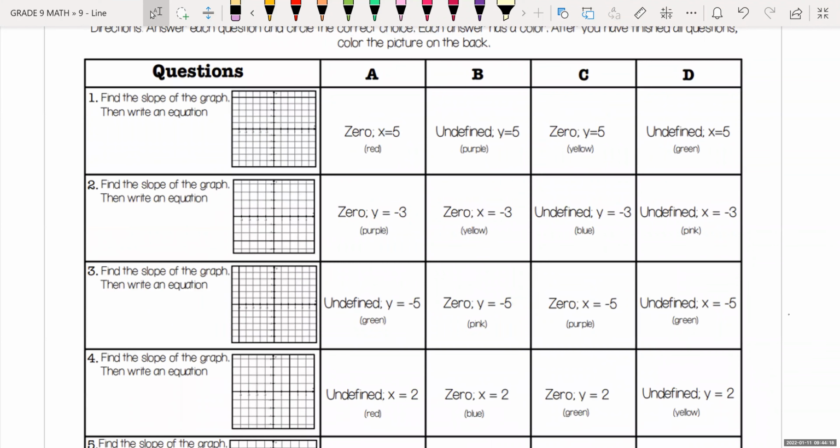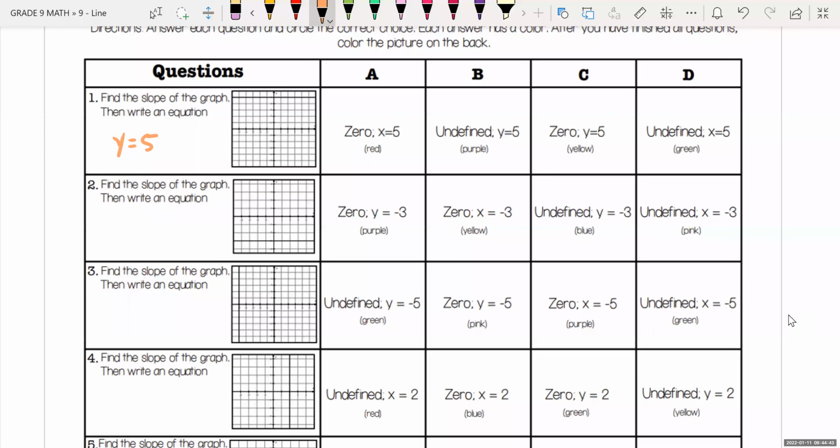All right, so let's do the first one together. In this question, find the slope of the graph, then write an equation. So it's kind of hard to see, but I can see that I have a line right over there, and it's going through the y-axis, and it's going through the number 1, 2, 3, 4, 5. It's going through y is equal to 5.